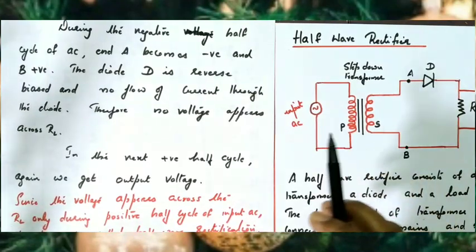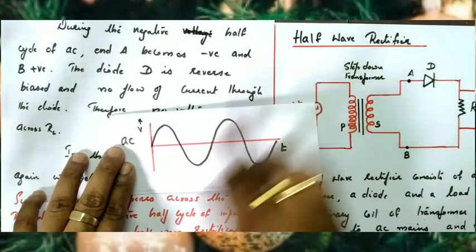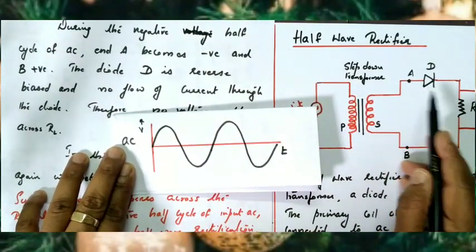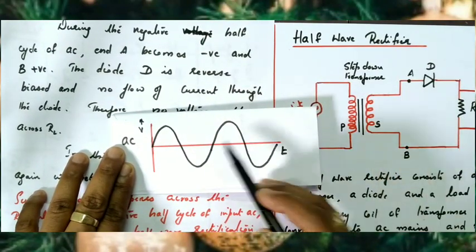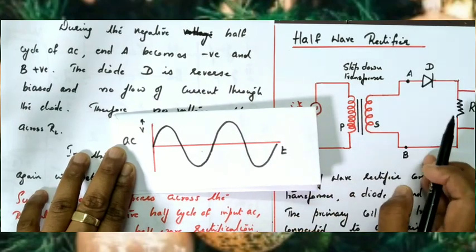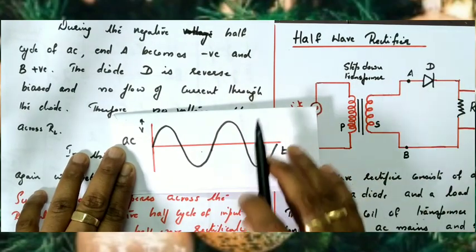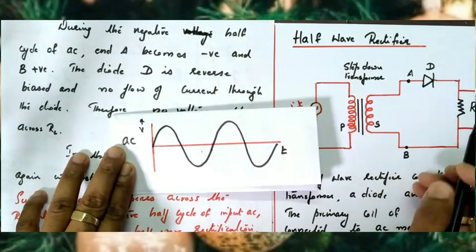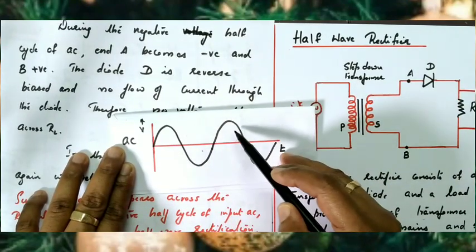So, during the positive half, the diode is forward biased and we will get the output across the load resistance. During the negative half, the diode is reverse biased and hence there is no output across the load resistance. So, across the load resistance we will get the output only during the positive half.